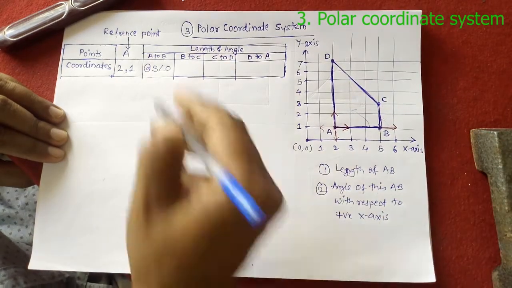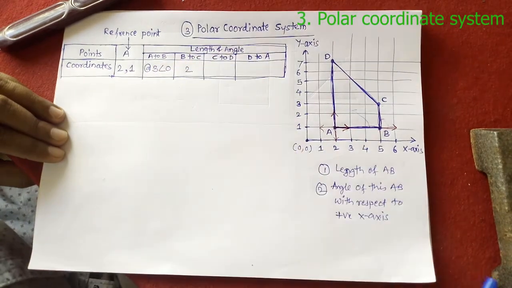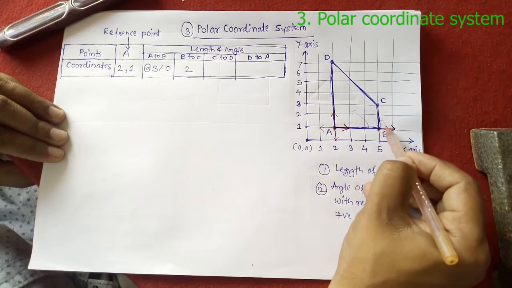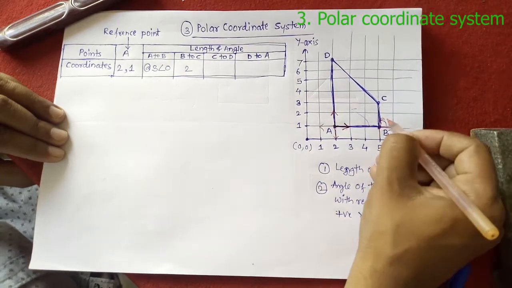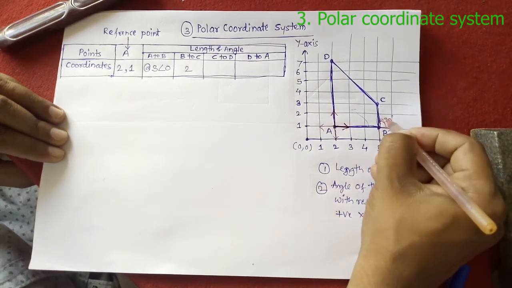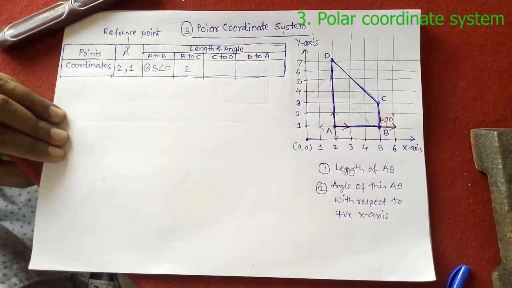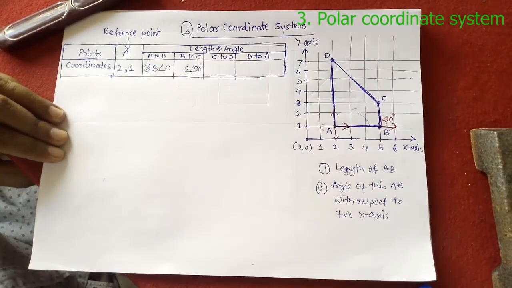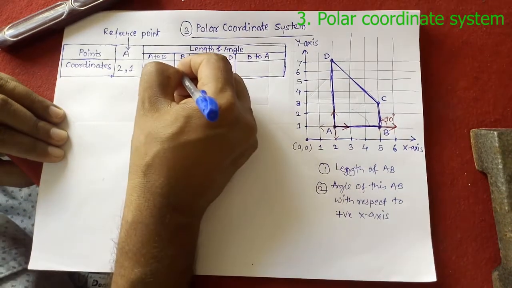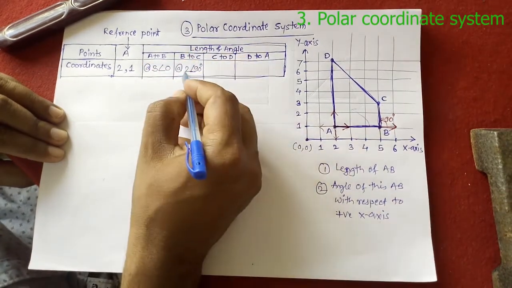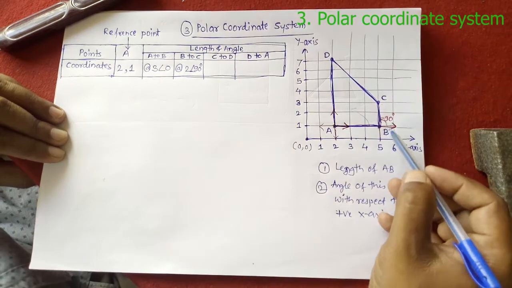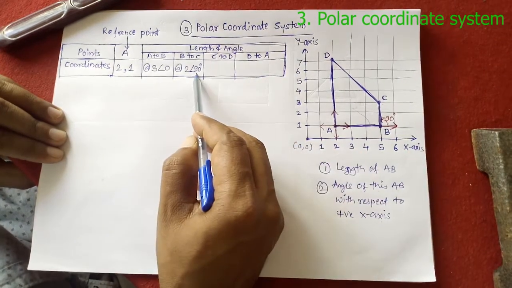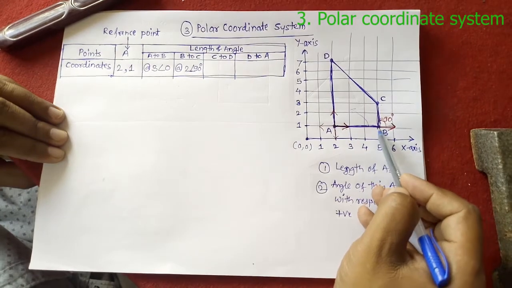So write down the length, and angle with respect to positive x axis is, you can say it is 90 degree. So write down angle 90 degree and put @ symbol before these coordinates, because we have calculated this length and angle with respect to B as an origin.